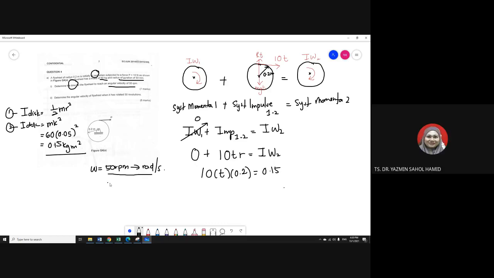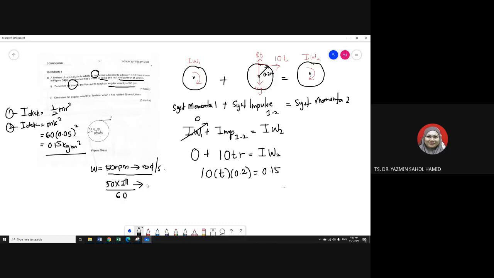Okay, correct. But I'm asking you now, how do you convert it? 50 RPM to radian per second, what do you need to multiply or divide? Times 1 minute over 60 seconds times 2 pi over 1 rev. So 50 times 2 pi over 60. Okay, so what do you get just now?